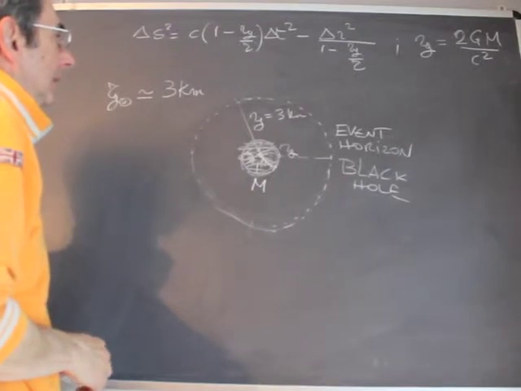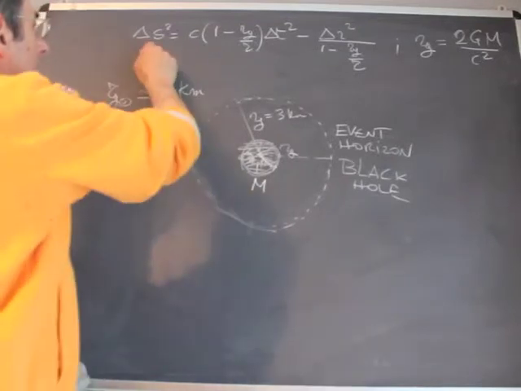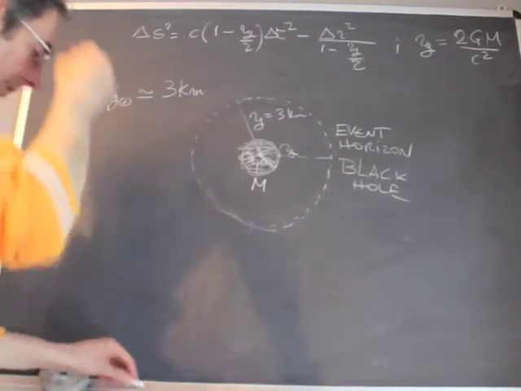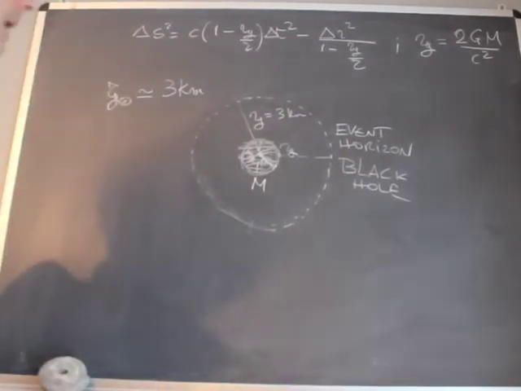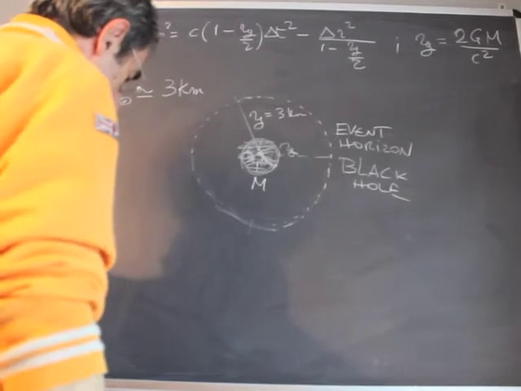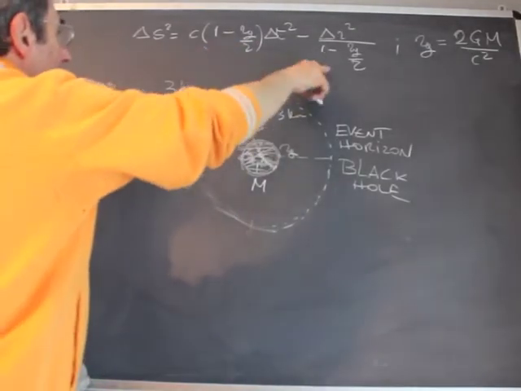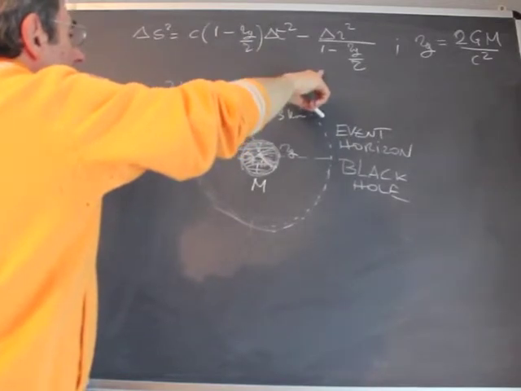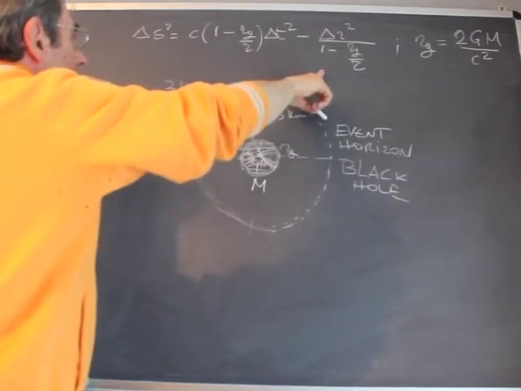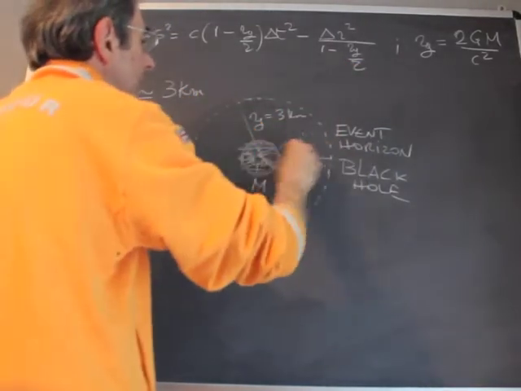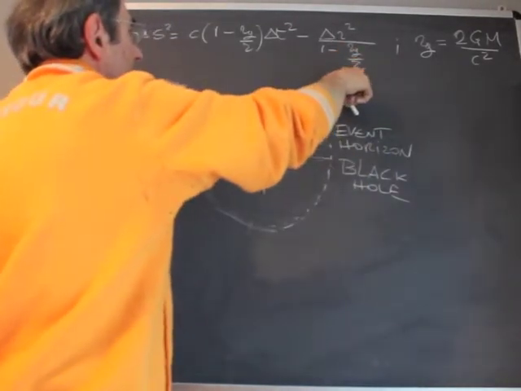Then we will use this equation again and again, but we have to remember that it is properly valid, written in this way, until we reach the distance from the center equal to rg.